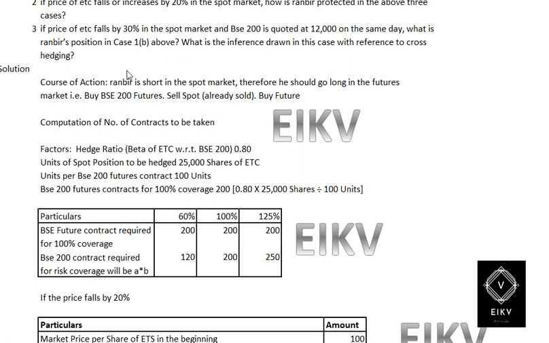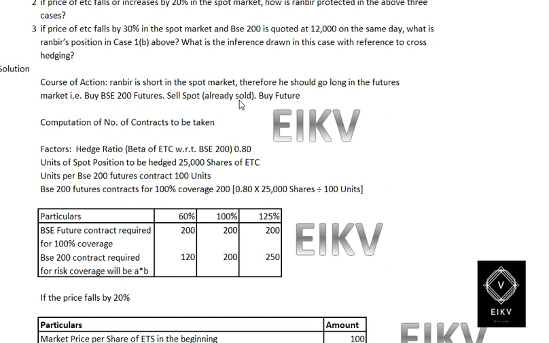So going ahead with the solution. Number 1, course of action: if Rampere is short in the spot market, therefore he should go long in the future market, that is buy BSE 200 futures.